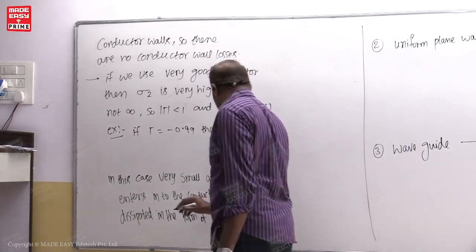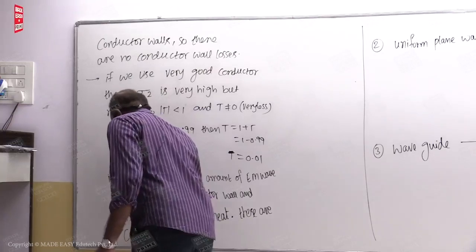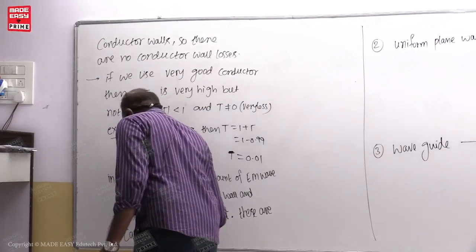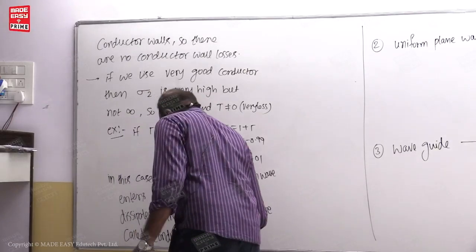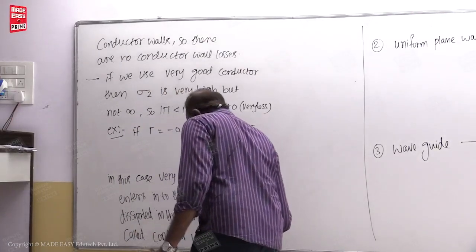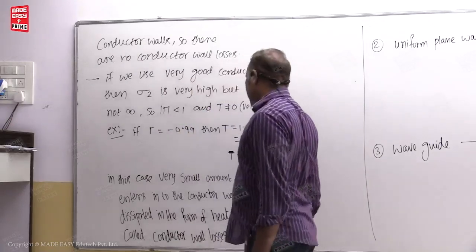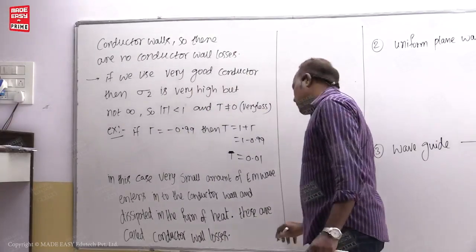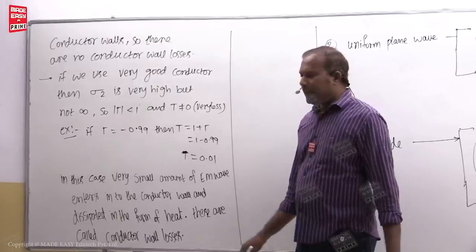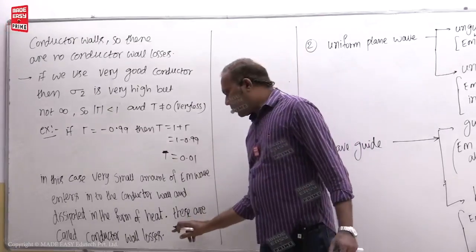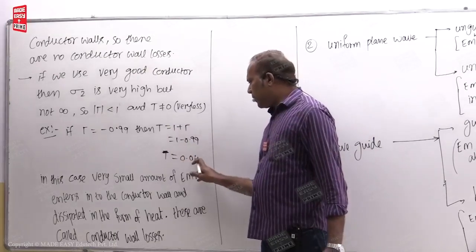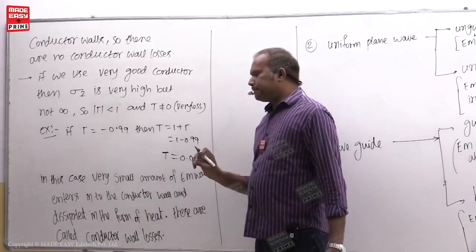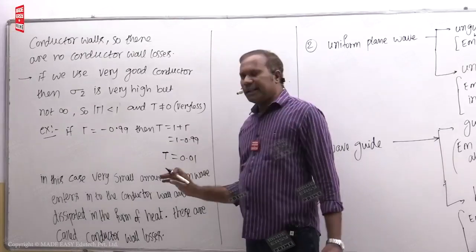These are called conductor wall losses. But they can be neglected because the transmission coefficient is very small. And why can we neglect that?